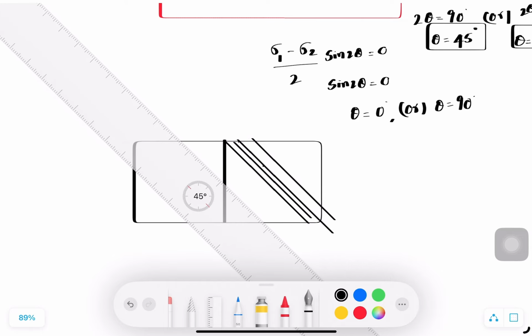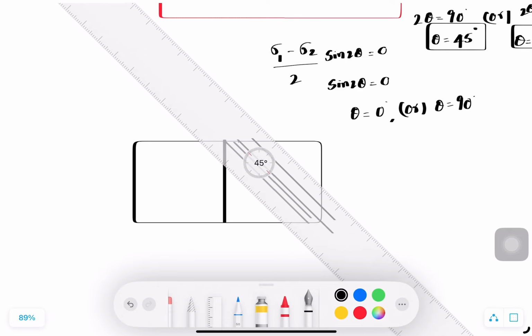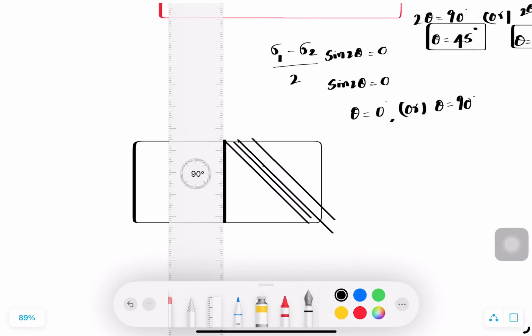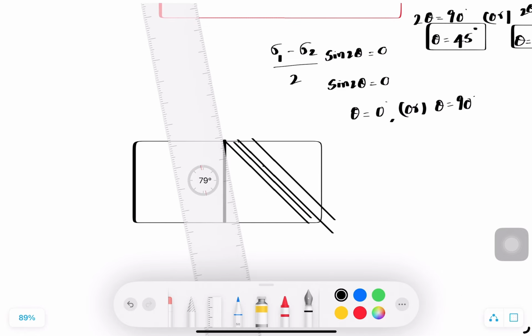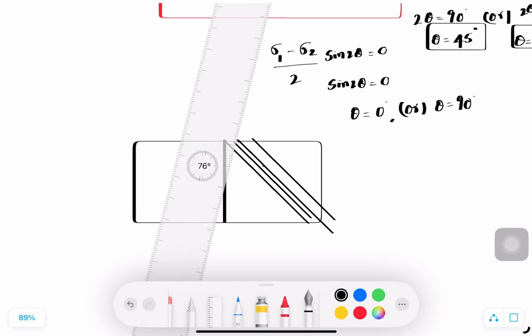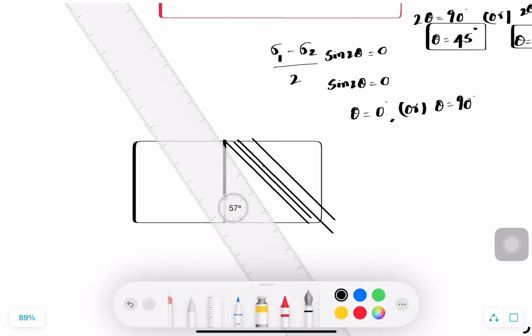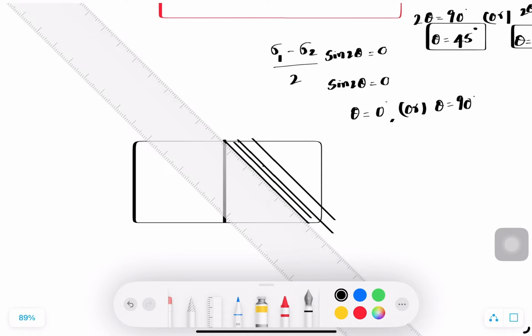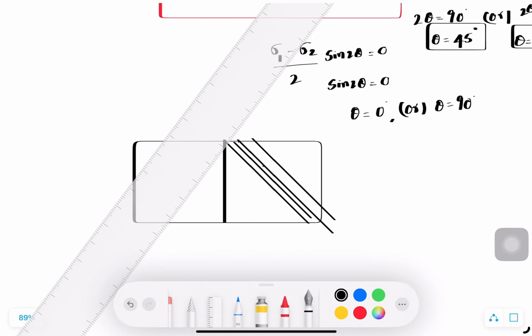Okay. Similarly, it becomes maximum not only at 45 degree. It also becomes maximum at 135 degrees. So say for example, you have rotated by 45 degree. So continue to rotate to 135 degree. Then at that angle also the shear stress becomes maximum.